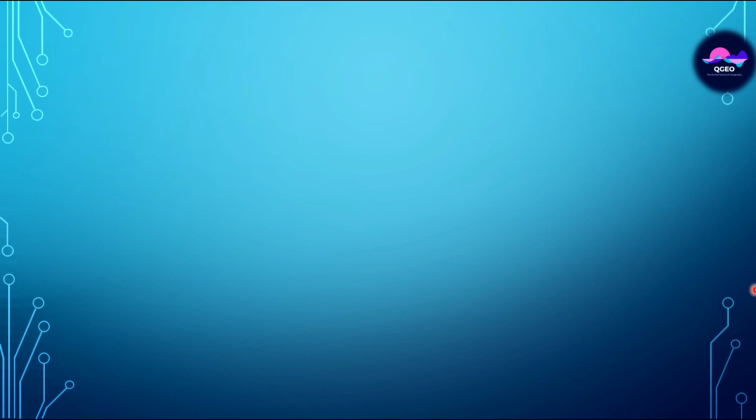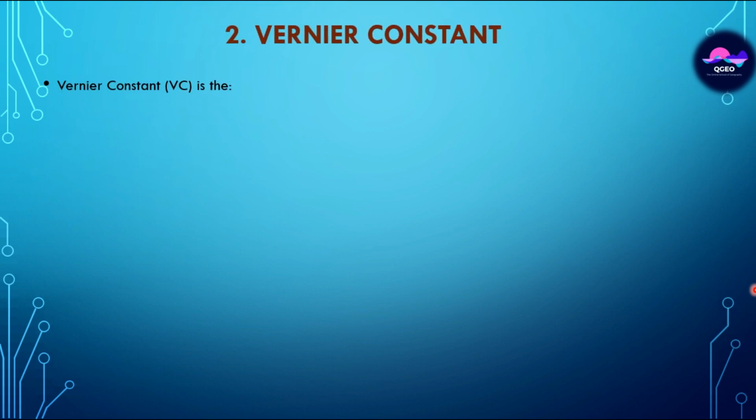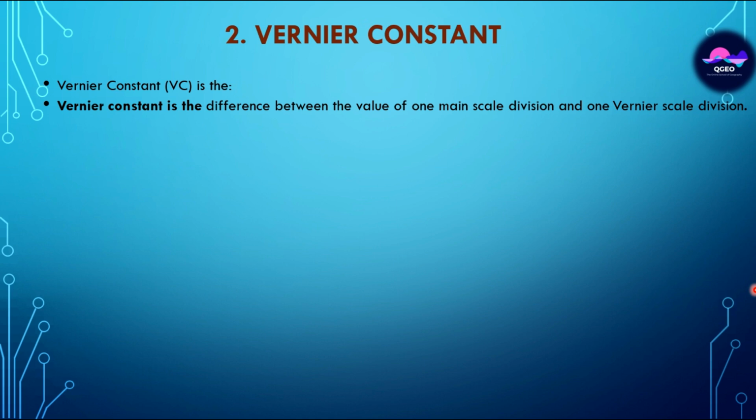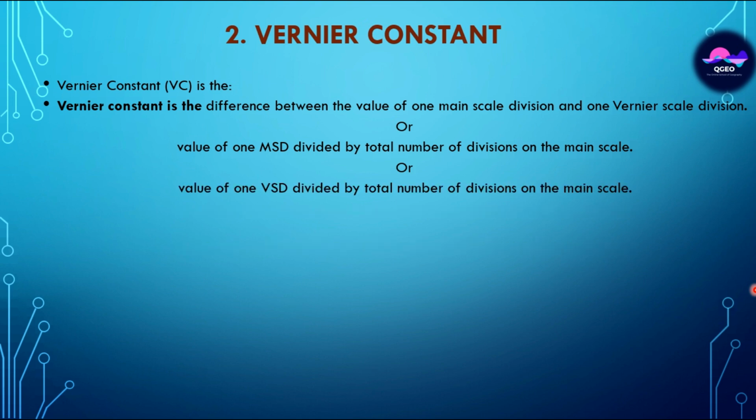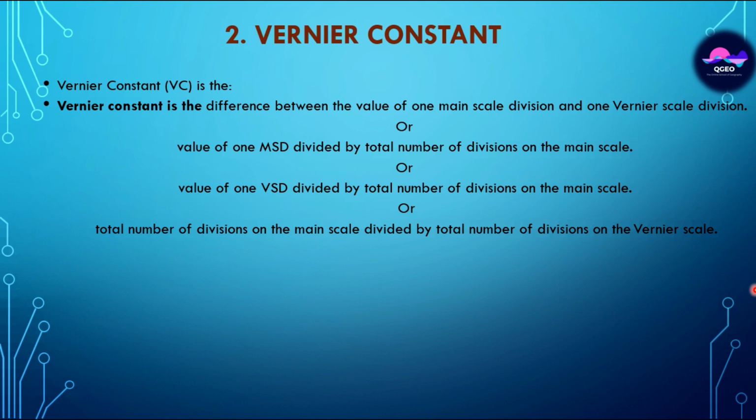Vernier constant. Vernier constant is the difference between the value of one main scale division and one Vernier scale division, or we can say value of one main scale division divided by total number of divisions on the Vernier scale, or value of one Vernier scale division divided by total number of divisions on the main scale.